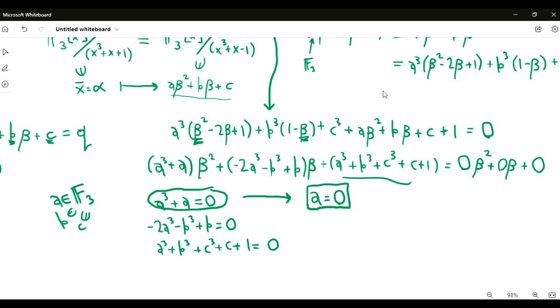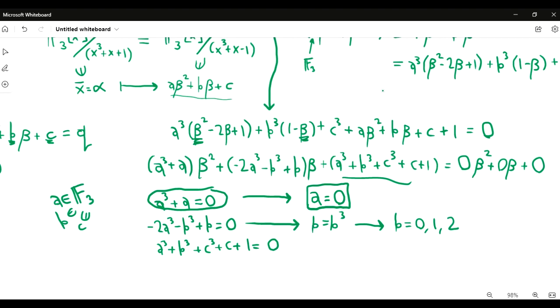If I look at this equation now, using the fact that A is 0, I get B equals B to the third. That's equivalent to the equation that I started with. And there are actually 3 solutions to that, as you can check.